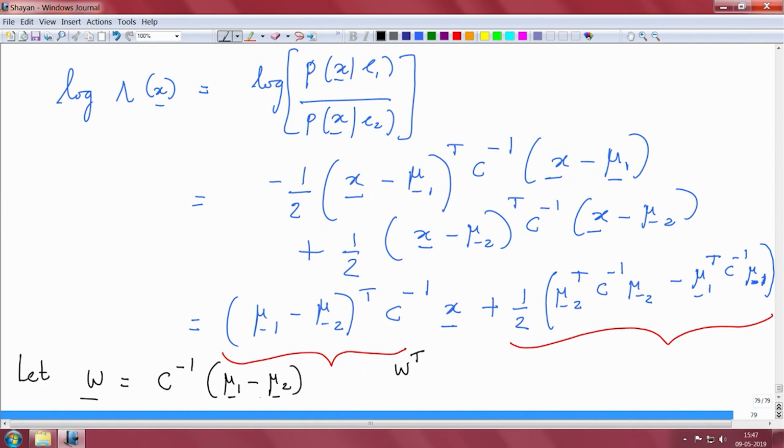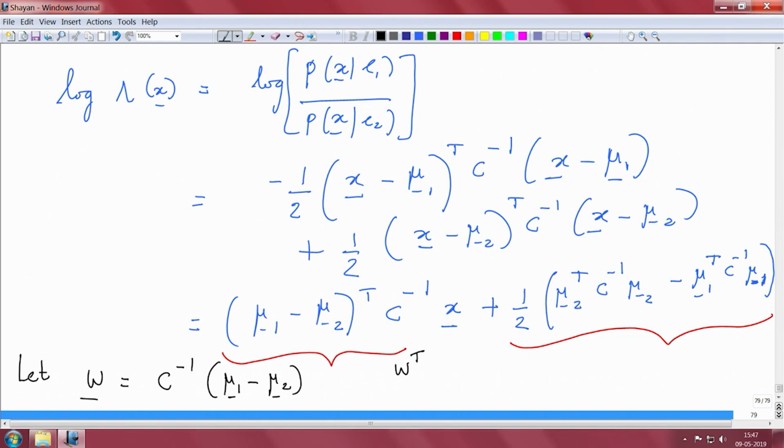W transpose is basically mu 1 minus mu 2 transposed times C inverse transposed, and by virtue of this property, C inverse transposed is C inverse.